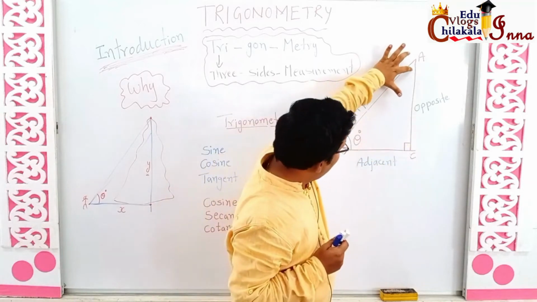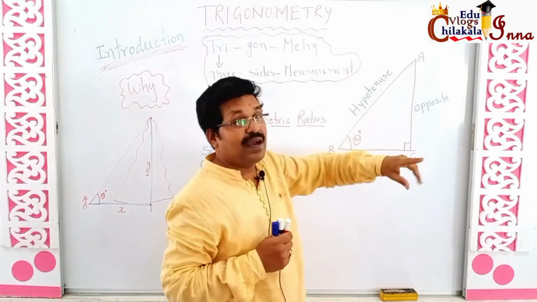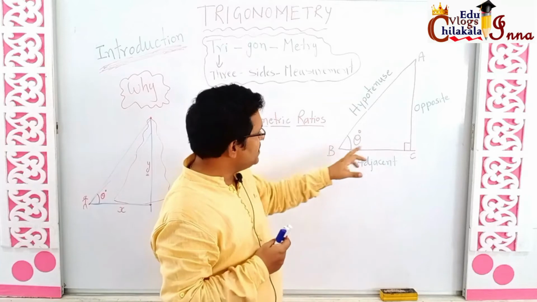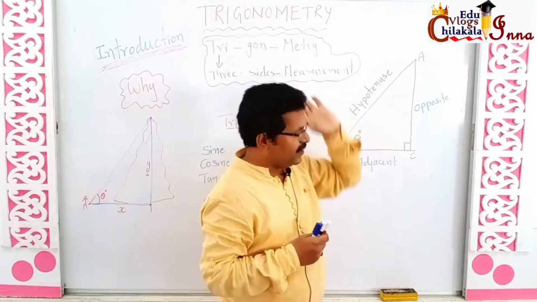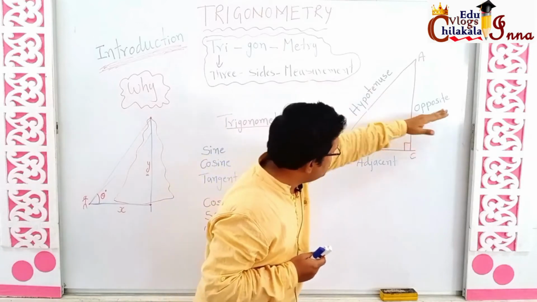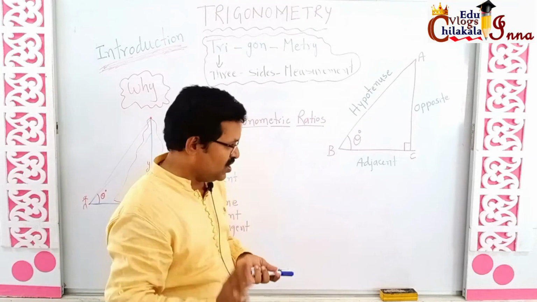If I have an angle at A, then BC becomes opposite. That you should remember. So opposite means that is opposite to. Very good. This is the hypotenuse, this is opposite, this is the adjacent. That much you should remember always.